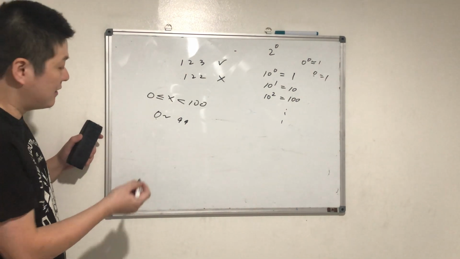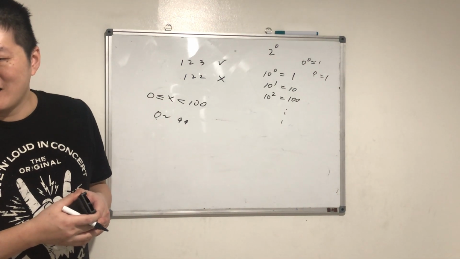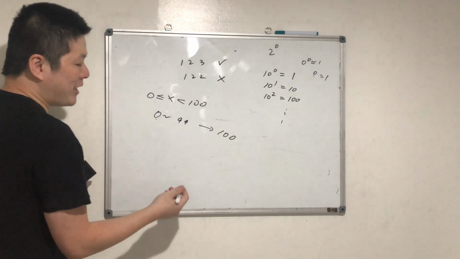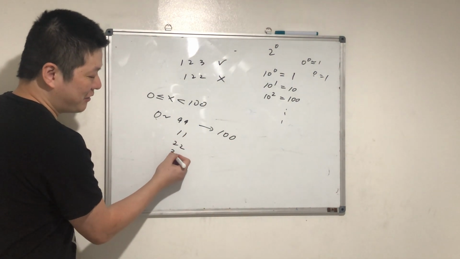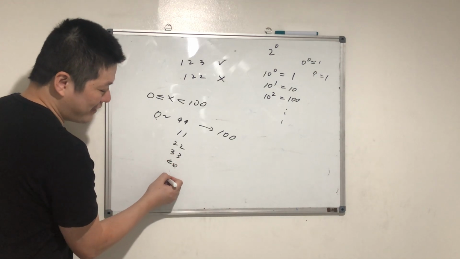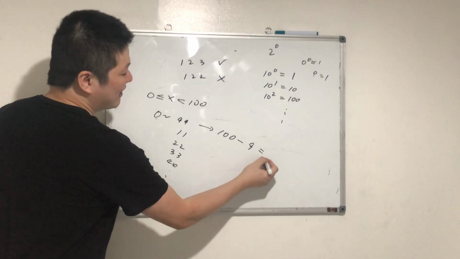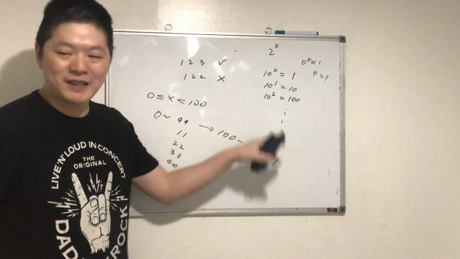There are 100 numbers. But we need to exclude 11, 22, 33, 44. How many of that? 9. Okay, so 100 minus 9 is 91. Yes. So if n is 2, we need to return 91.